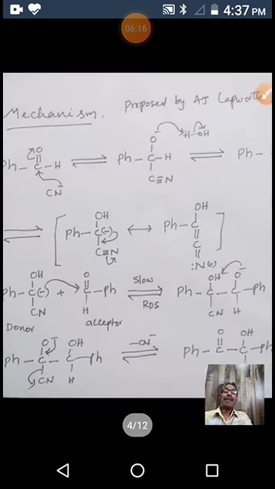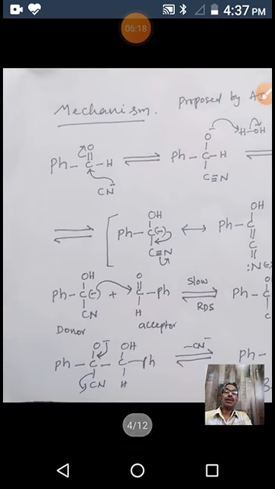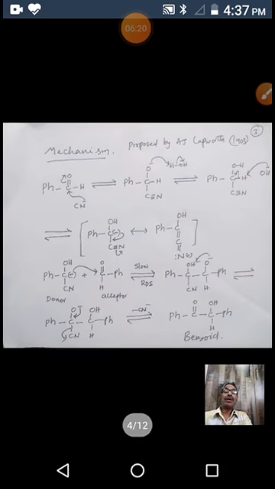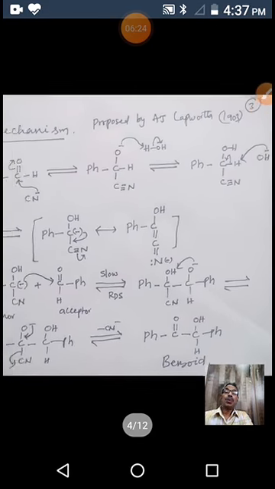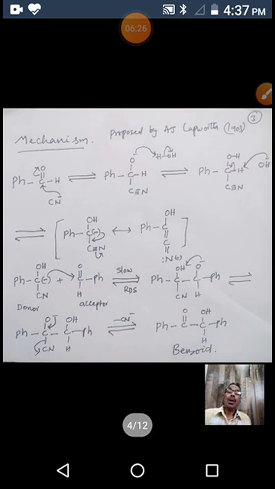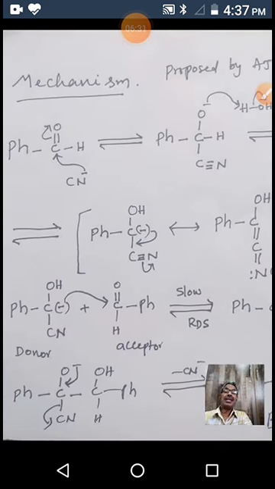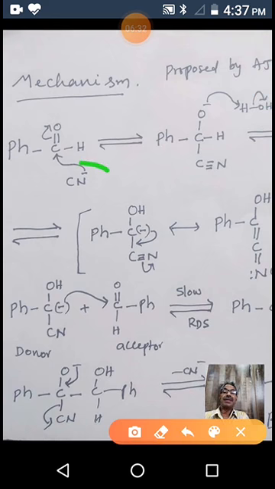So we see the mechanism. This is a very important one. We see what is happening. In the first step, our cyanide ion, you see, this is a cyanide ion, attacks the carbonyl group of one of the benzaldehyde molecules. Why? Cyanide is a good nucleophile.